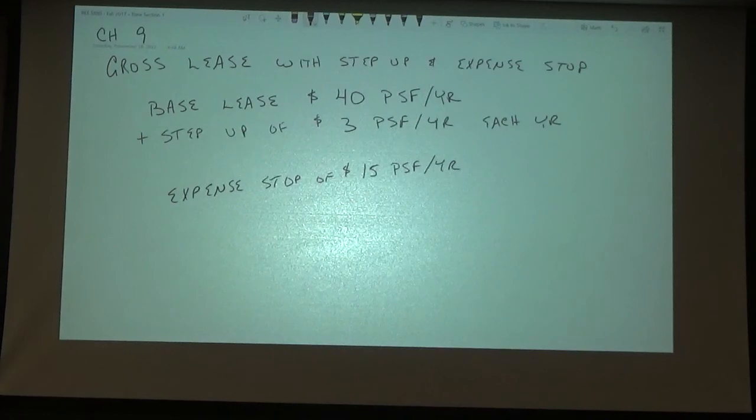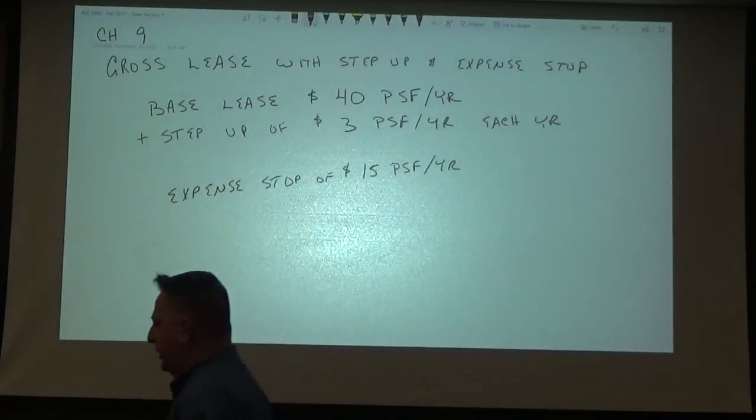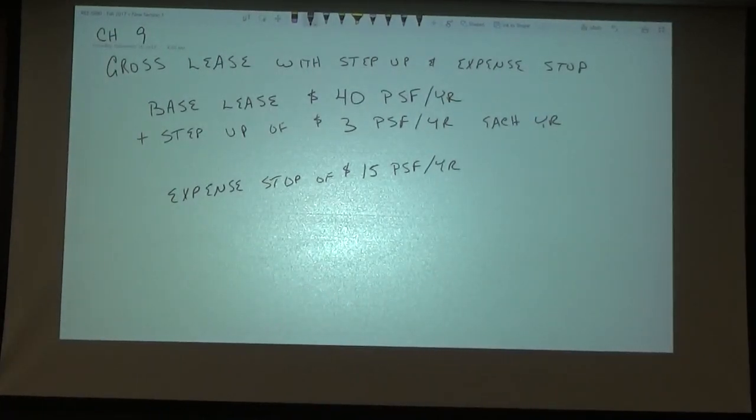All right, so the first topic is gross leases. We have talked a little bit about gross leases, but in essence, gross leases are normally an all-bills-paid sort of situation, where you as the tenant go to a landlord and pay some sort of base rate for the space, which typically includes utilities and that sort of thing.